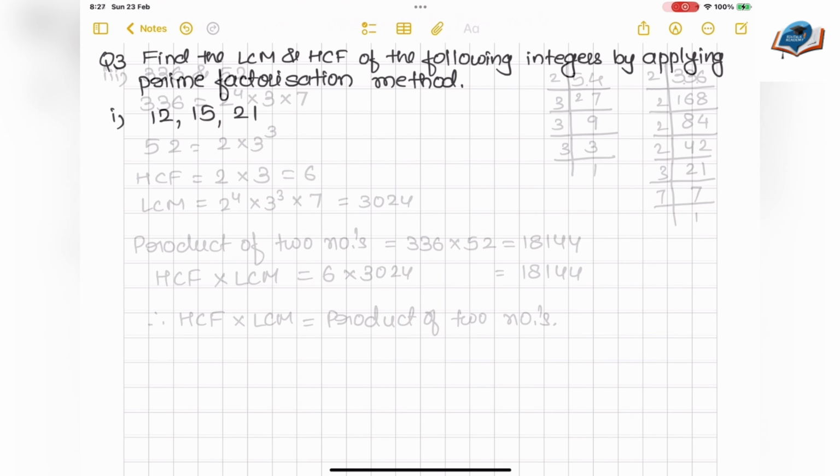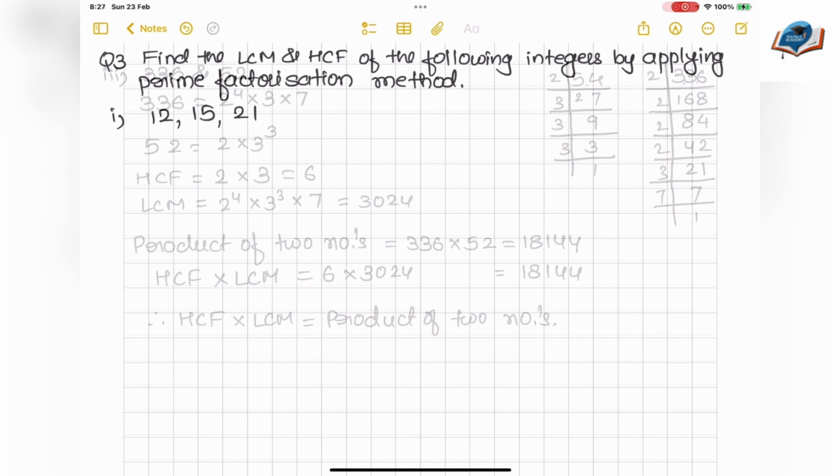Next question says, given that HCF of 306 and 657 is 9, find LCM. So here HCF of 306, 657 equals 9, and LCM of 306, 657 equals question mark.